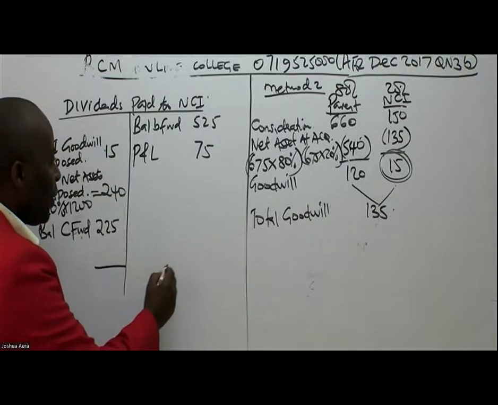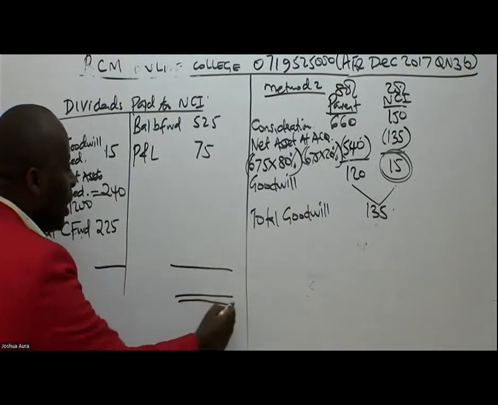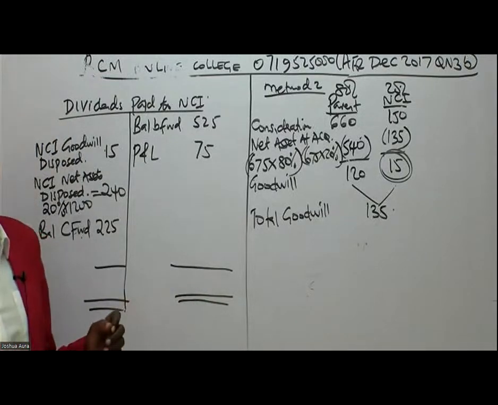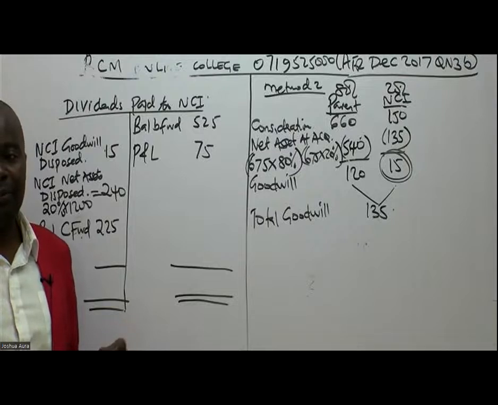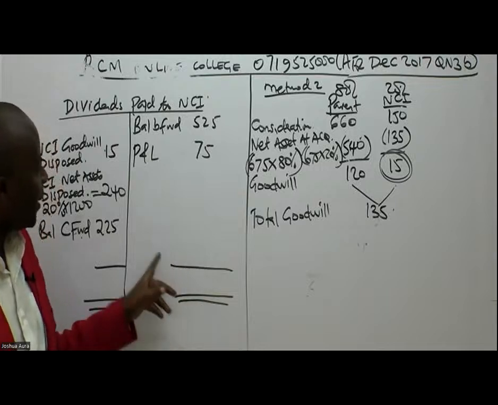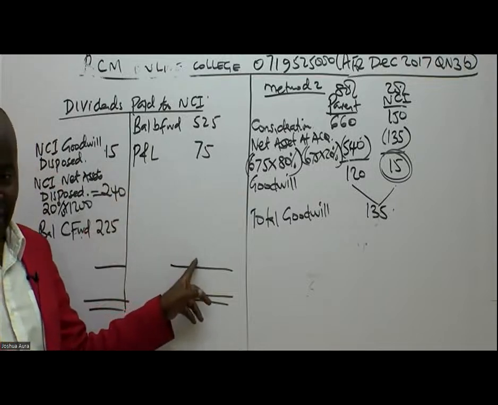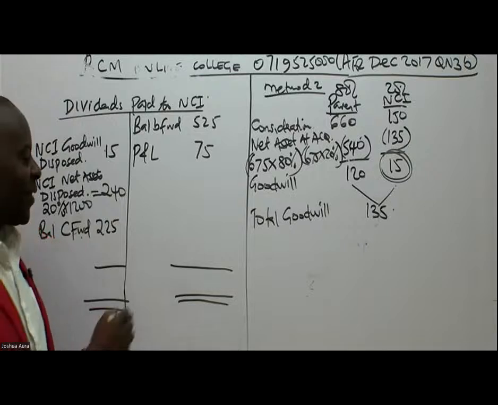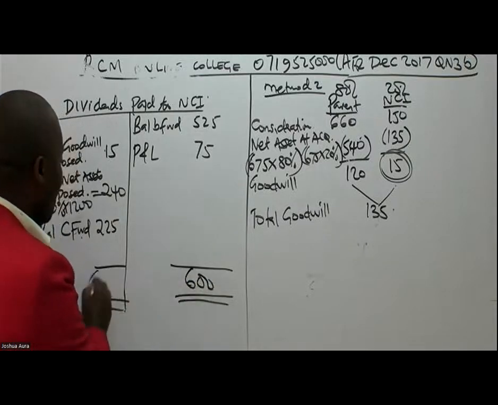Now that is the end of this account. Please come on the balance here. Which side is heavier? It has to be this side, right? 600, thank you very much. So this will be 600, this will be 600.